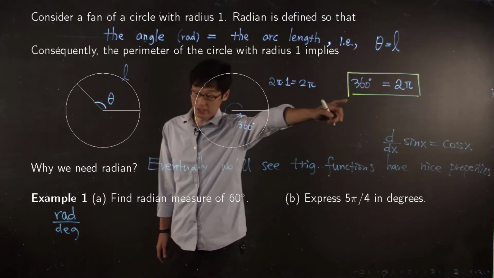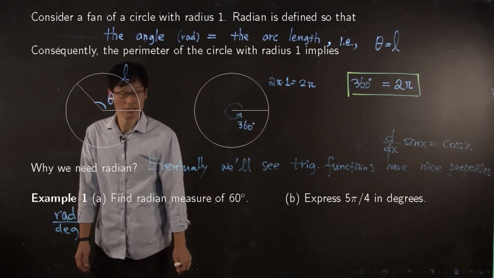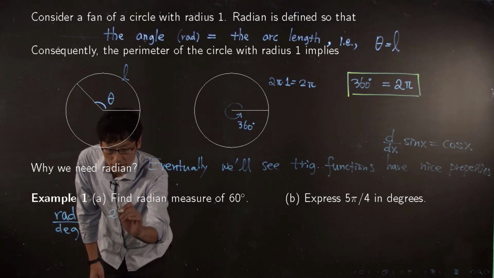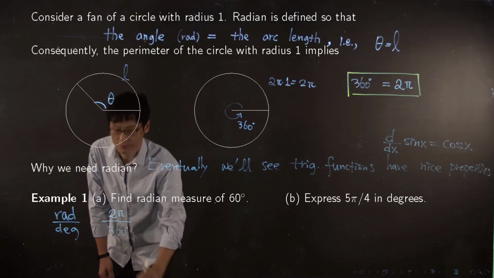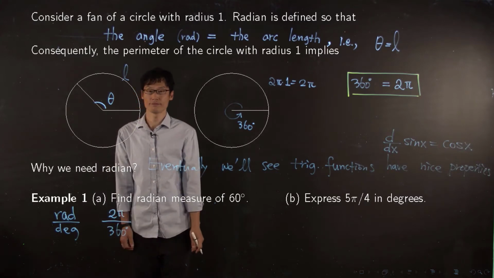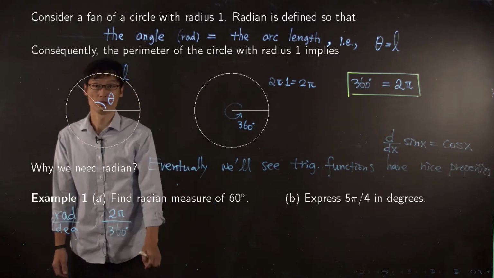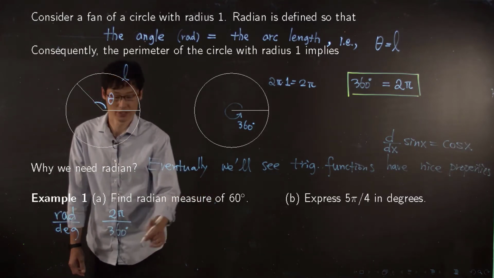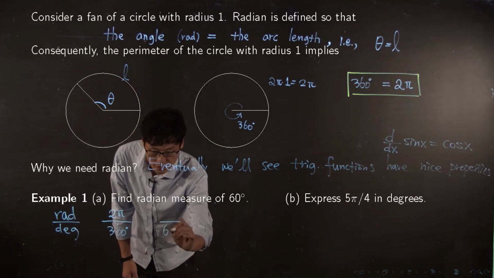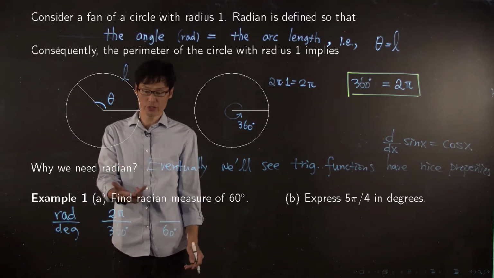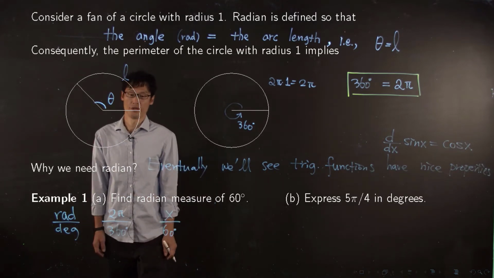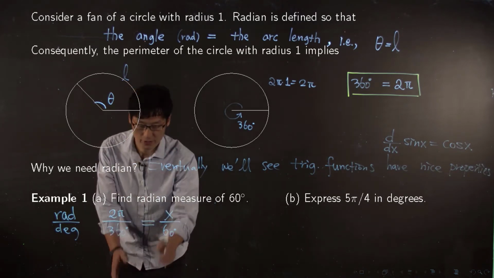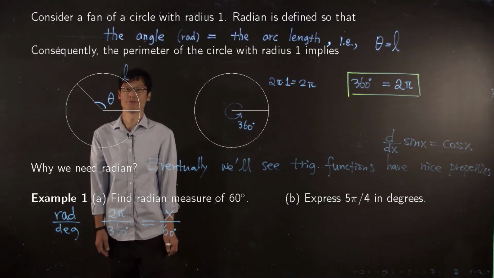From this identity, the radian is 2 pi, which corresponds to degree 360. And from this condition, we are given 60, and we are after the radian measurement, say x, for this unknown. And we have exactly the same ratio.